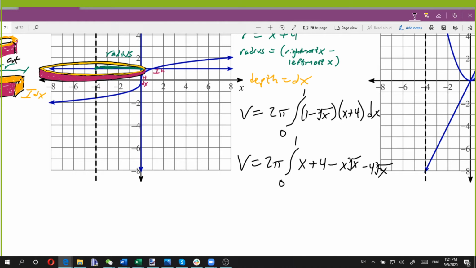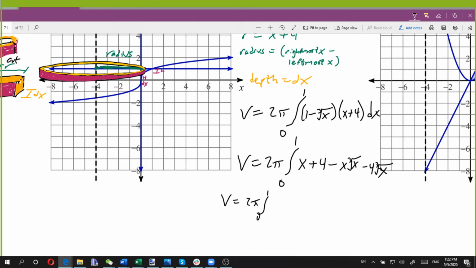The cube root of x is x to the 1/3 power. So what will happen when I multiply x to the first power times x to the 1/3 power? I want to rewrite this into a form that we can use with power rule.